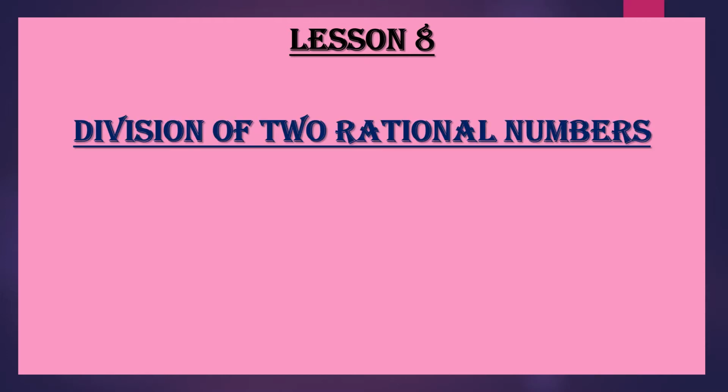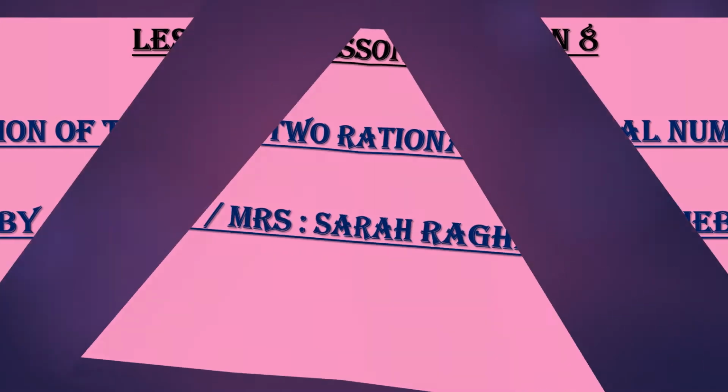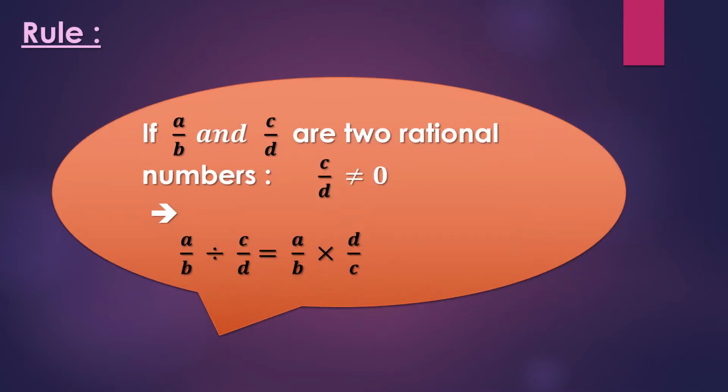Hello, our dear students. We are going to study lesson 8, the last lesson of unit 1 in algebra, the division of two rational numbers. Take a/b and c/d as two rational numbers, such that c/d is not equal to 0.